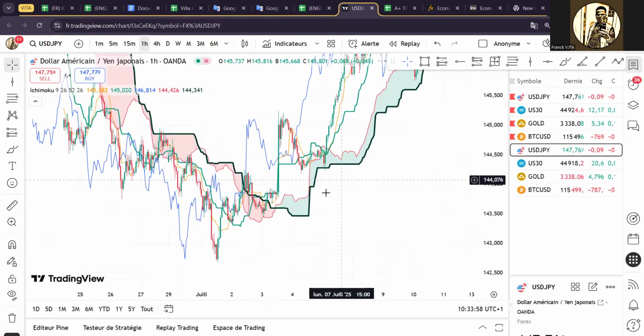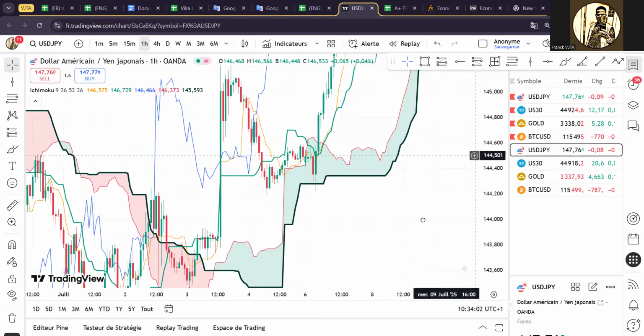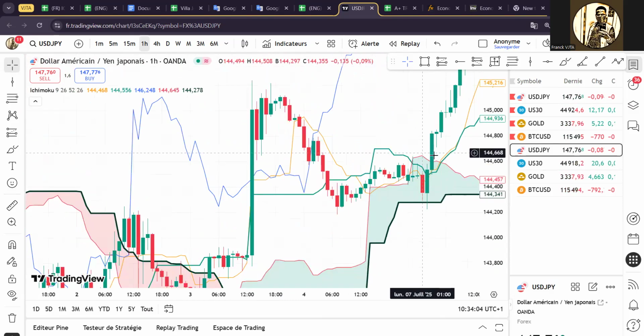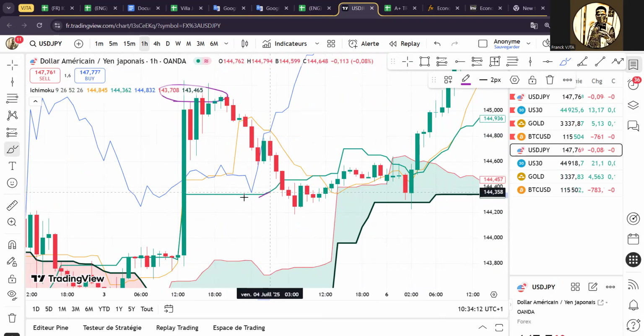It happens very often. For example, if you want to create a correction, let us take this example. The candles are up here, but you cannot go further up than this. But at the same point, you will see Kijun going to the upside, but Tenkan going to the downside.